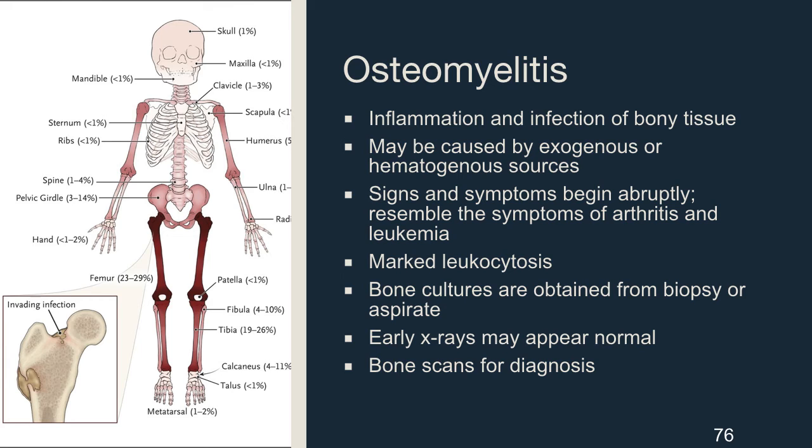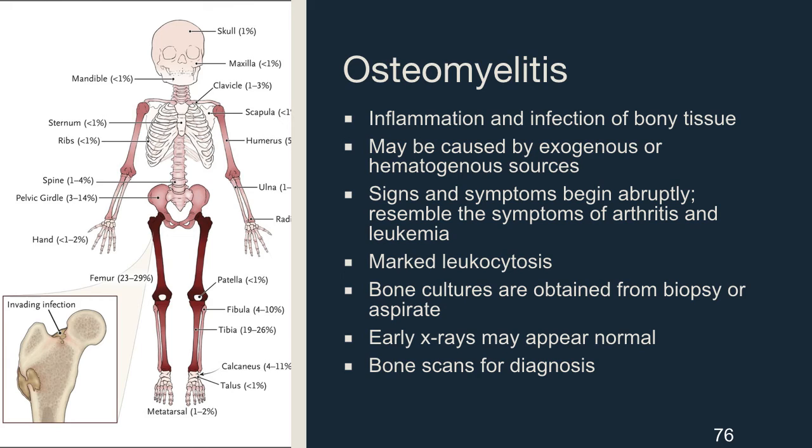There's marked leukocytosis, and bone cultures are obtained from biopsy or aspirate to rule out leukemia versus osteomyelitis. The early x-rays may appear normal, but the bone scans are definitive for diagnosis.